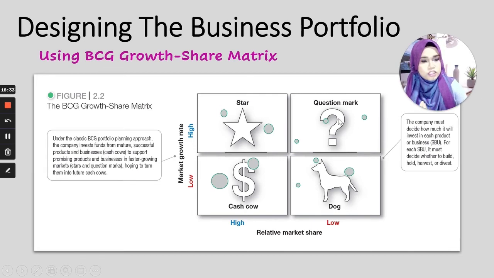Normally for the question marks, should we build more? Even though the market share is low, the growth is high, so perhaps you want to build more on the question mark as well as the star.